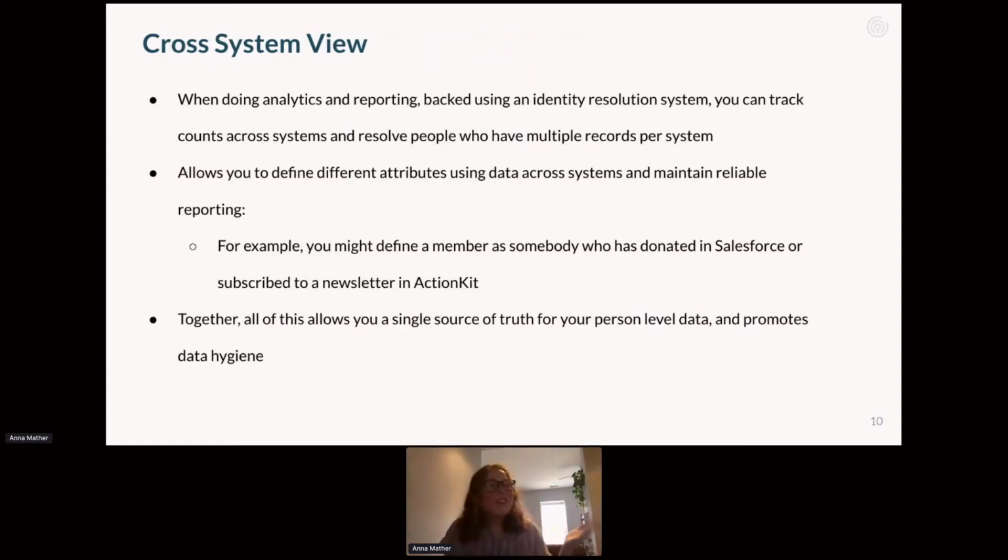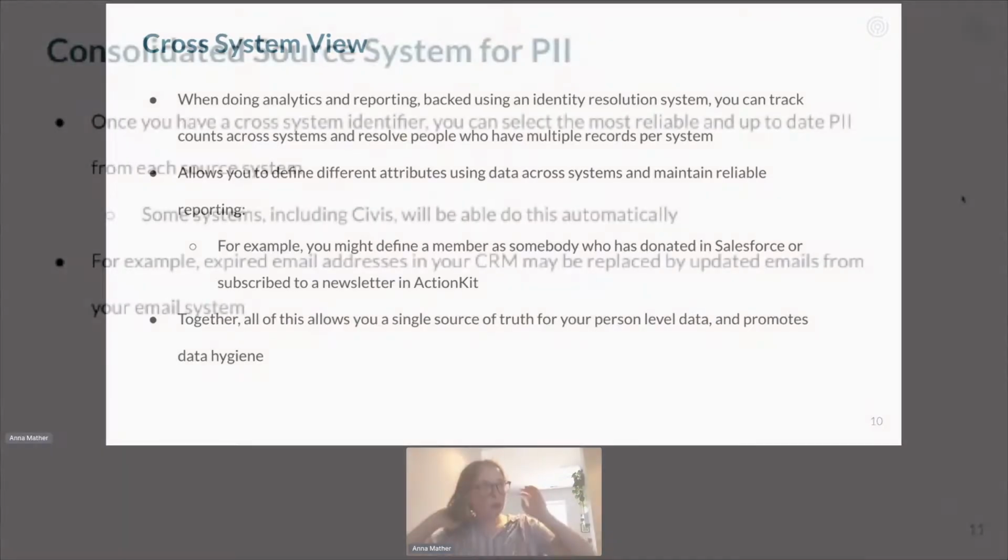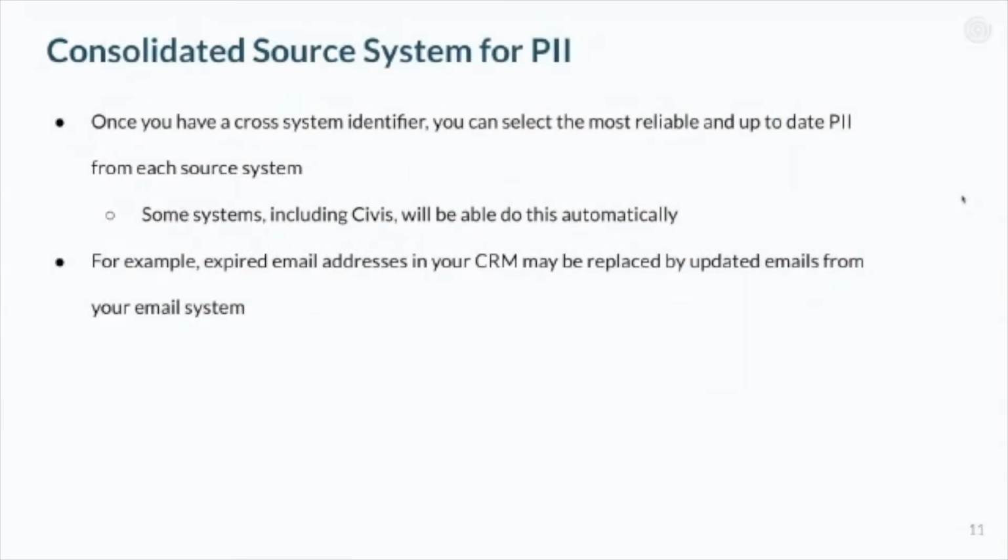And then to reemphasize, this is going to be your single source of truth for your person-level data, and is going to give you a really nice, easy to use clean table output. And then finally, once you have your cross-system identifier, you're able to select the most reliable and up-to-date PII from each source system.